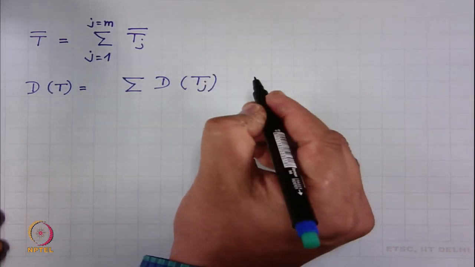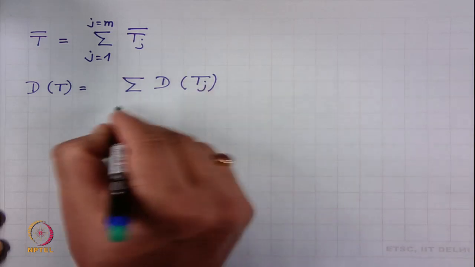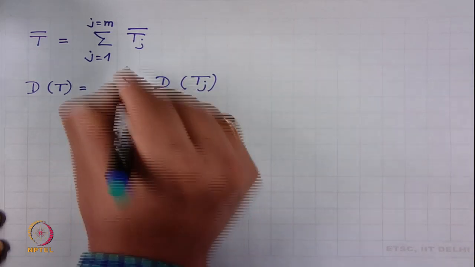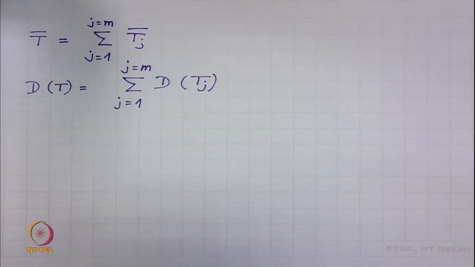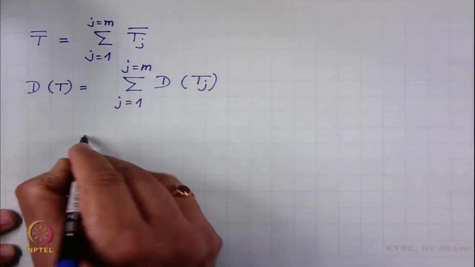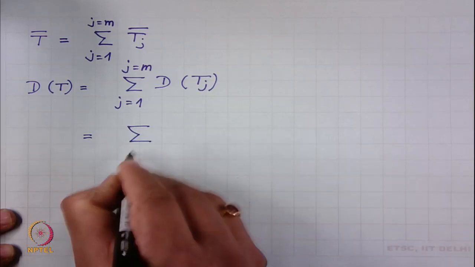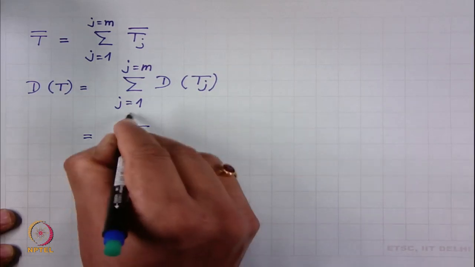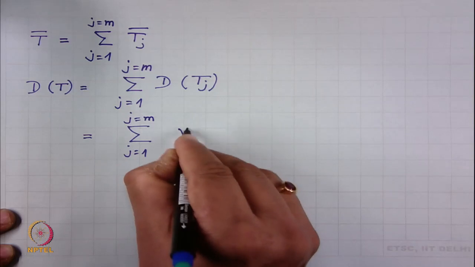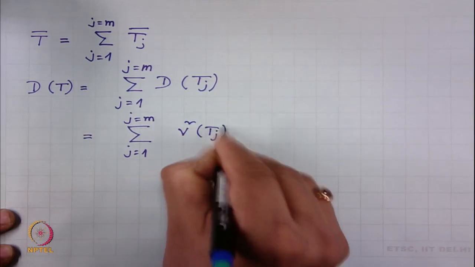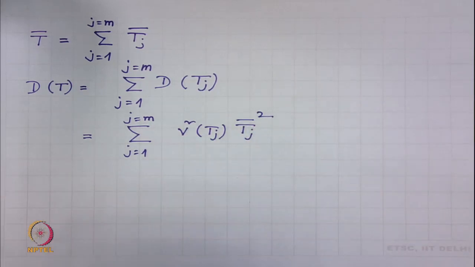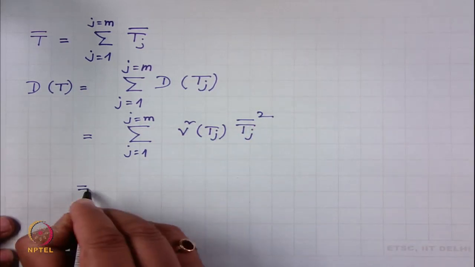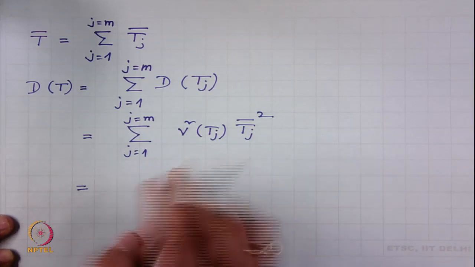All variances are additive in nature. Now, V square T j into T j bar square. We will substitute this from Martindale's model.